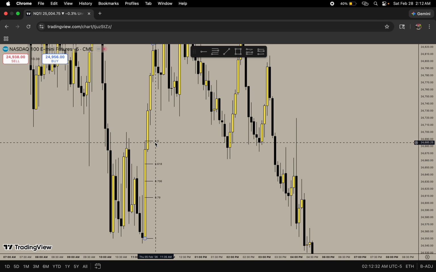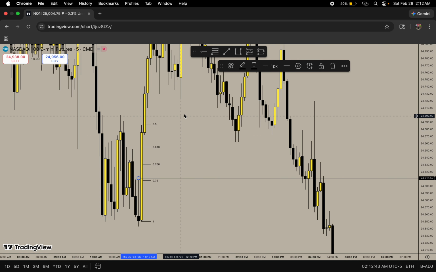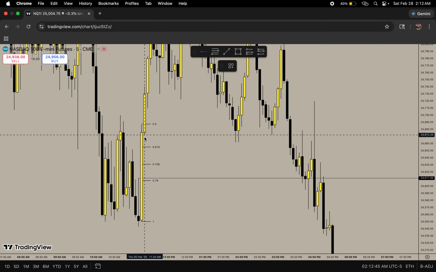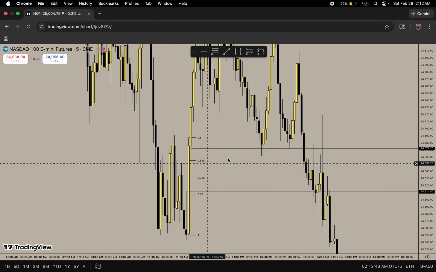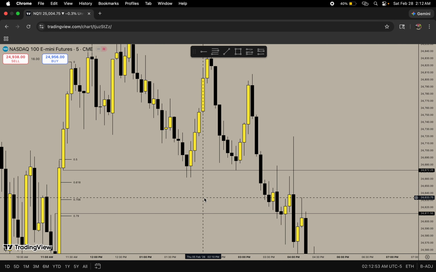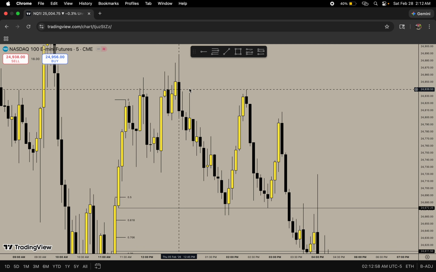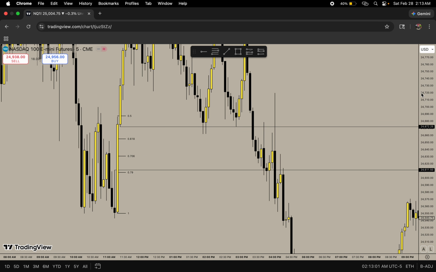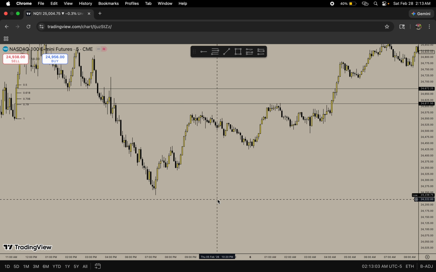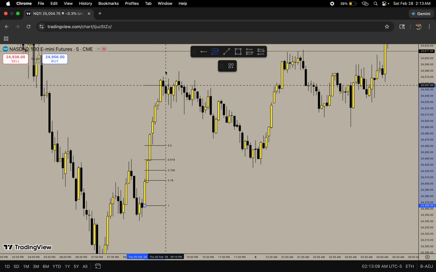First trades. What do we have here? I guess you could say a gap fill. Taps into the fair value gap, rejects it, goes back up above, sweeps these highs, trades lower. Here we have this move.